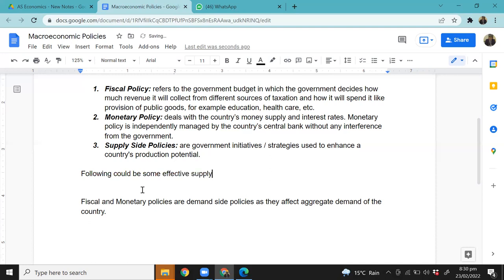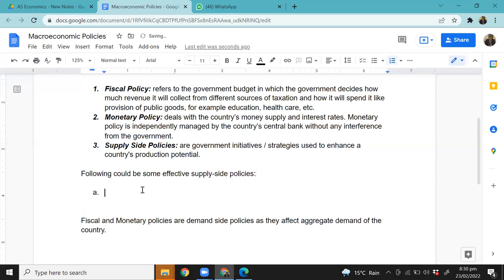So following could be some effective supply side policies, right? Okay. Now the first one is investment in human capital, right? Now, why am I writing human capital and not just education? Because human capital includes everything from education to training. You know what training is, right?